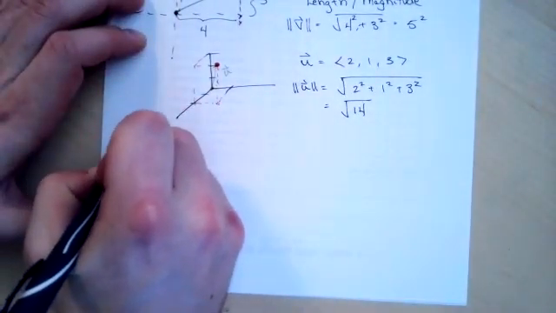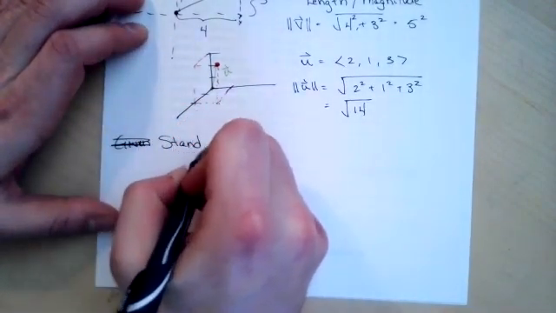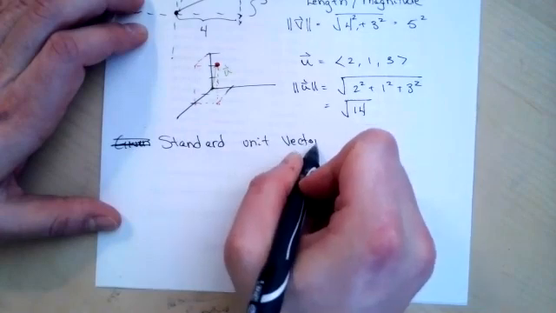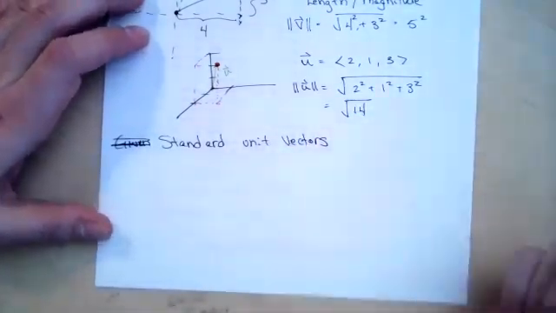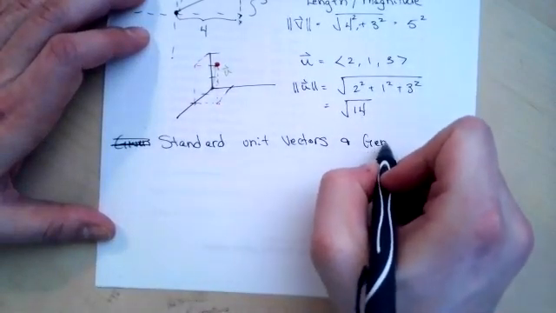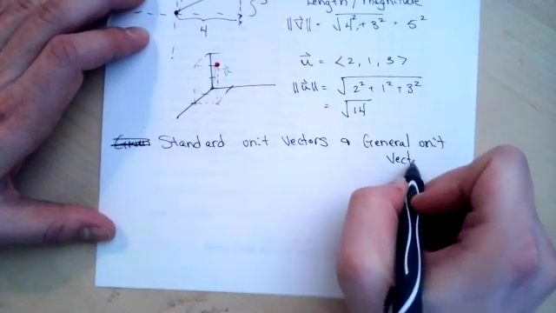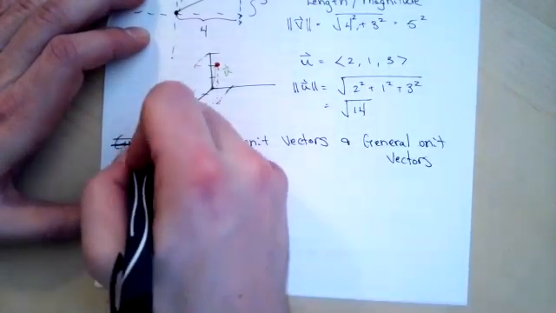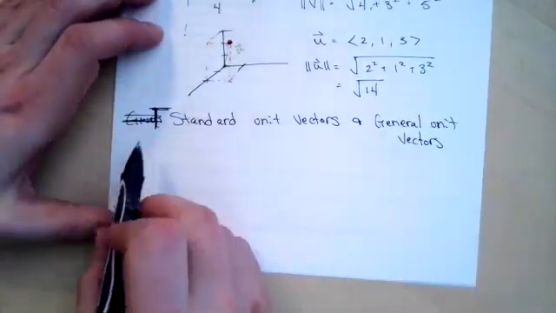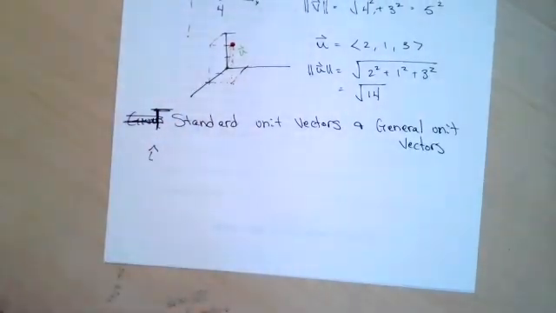Let's talk about our standard unit vectors first, and unit vectors in general. For standard unit vectors, for notation, instead of the arrow on top, we'll put this little hat.